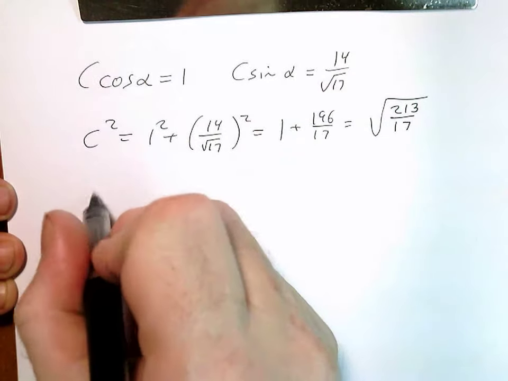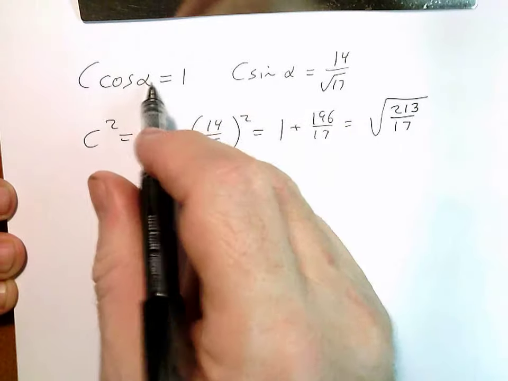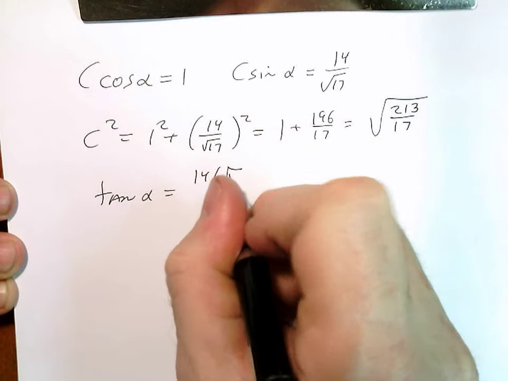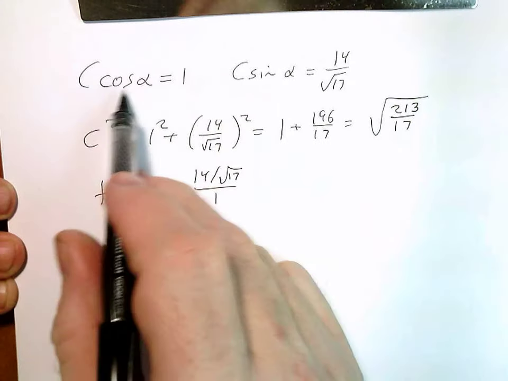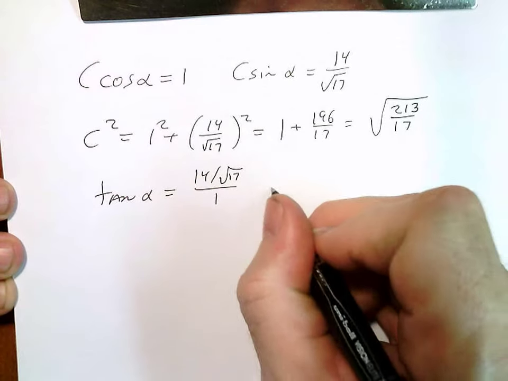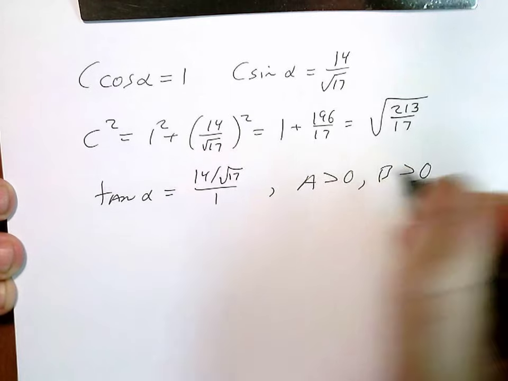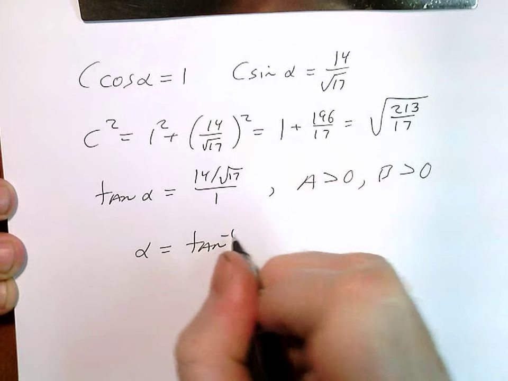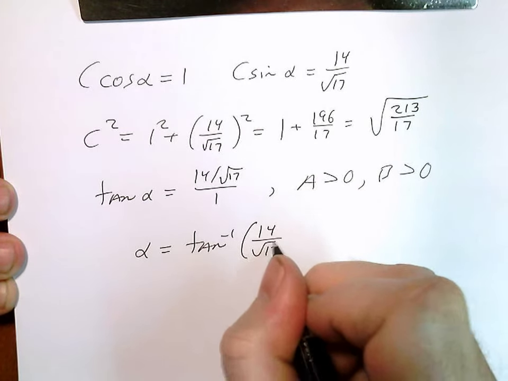Okay, and I know the tangent of alpha by the ratio here, and the c's canceling, is 14 over square root of 17 over 1, right? Because sine over cosine is tangent. Now again, I need the fact here that my a is positive and my b is positive to get that alpha equals the arctangent of 14 over square root of 17.